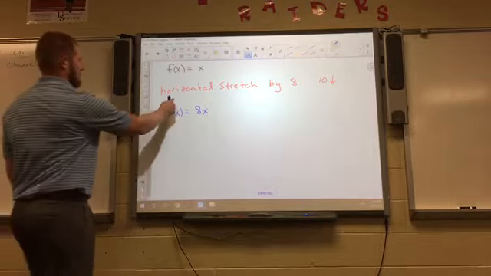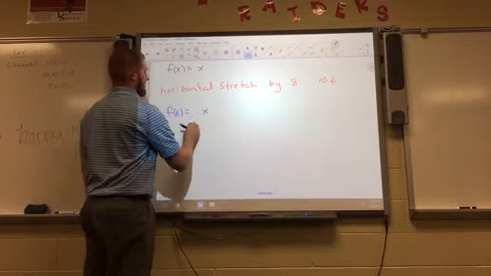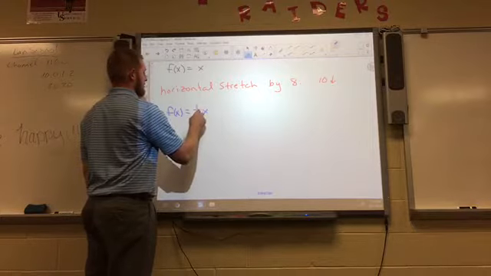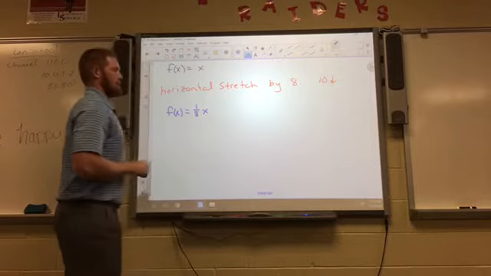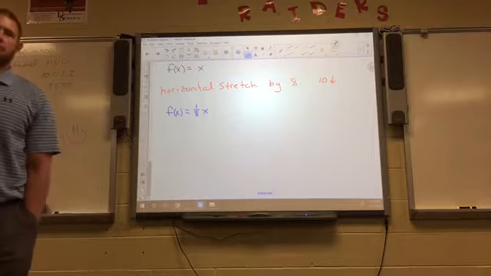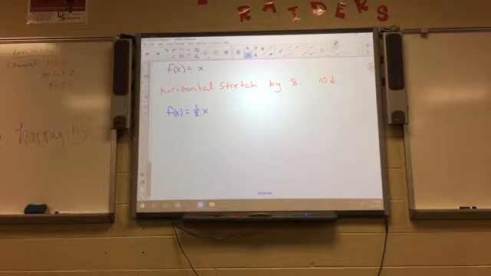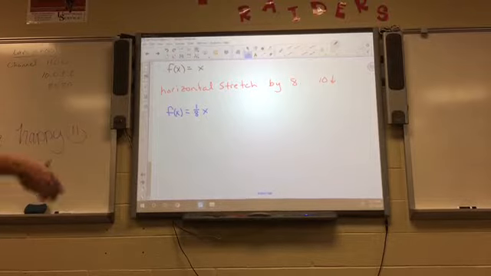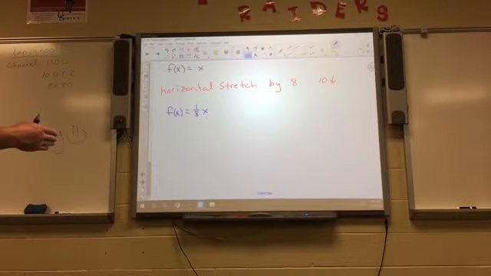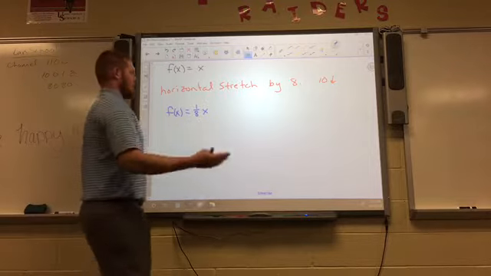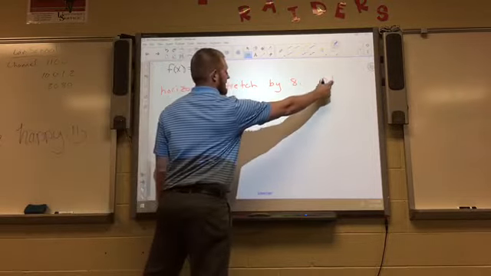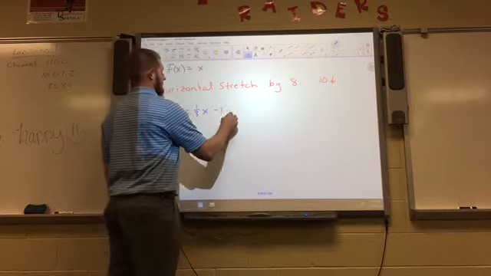Horizontal, I should have done not 8, but 1/8. And if you remember right, our translations up and down are very easy because I just do what to the end of the problem? I just take whatever I have, -10, and I just tack it on the end.